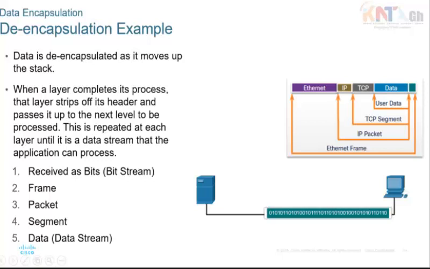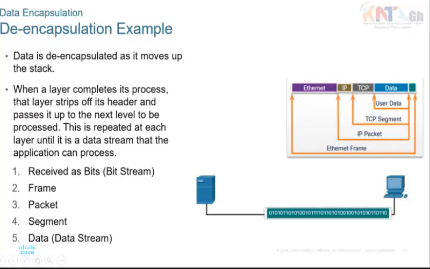So the data that has been sent from the web server to the web client, when it gets to the web client, will have all this information removed, leaving the data itself so that it can interpret the data. So when a layer completes its process, that layer strips off the header and passes it up to the next level to be processed. This is repeated at each layer until it is a data stream that the application can process.